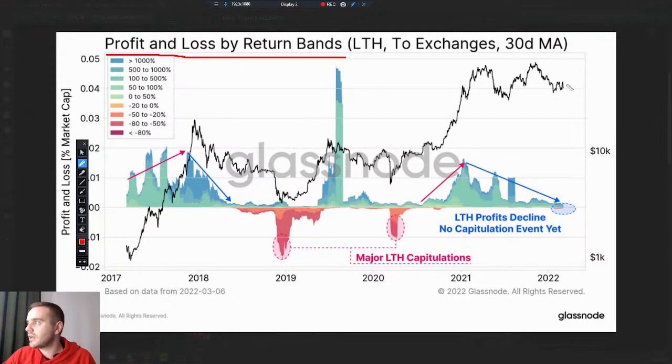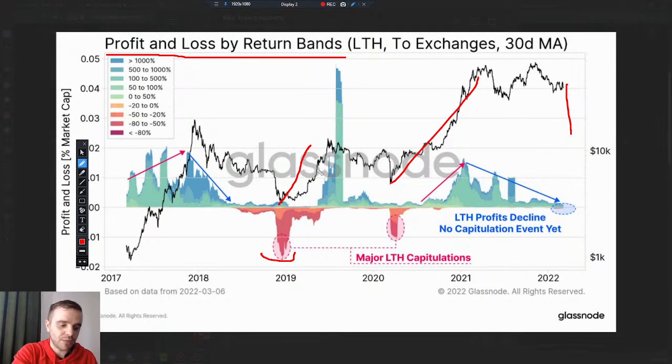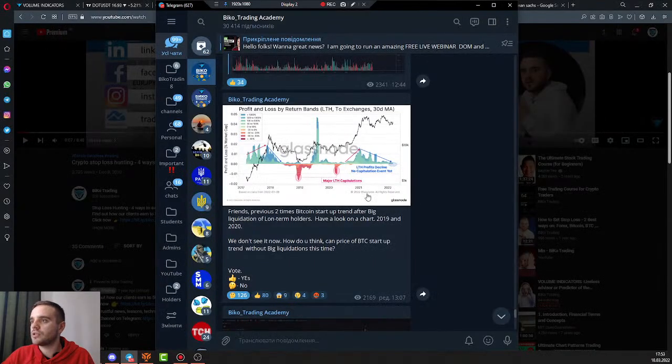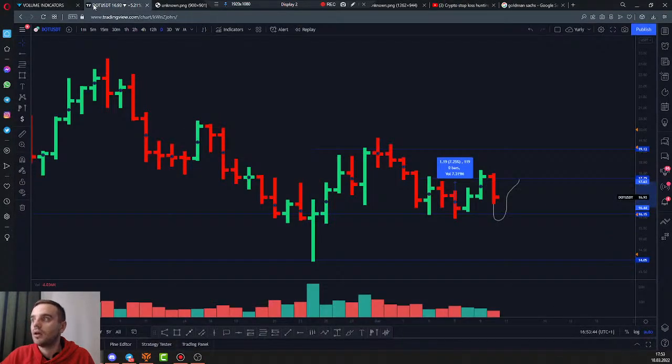When I see significant liquidations by long-term holders, it has always been the best time to enter Bitcoin. At this moment, I don't see it yet. That means for HODL, it is not yet the best time to move your coins into Bitcoin. That's why, if this happens, we should buy Bitcoin and move 80% of our stable coins into Bitcoin or into other coins to build a portfolio. Okay.